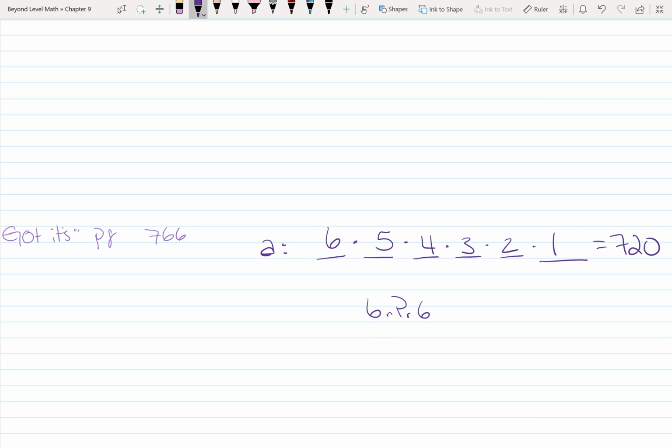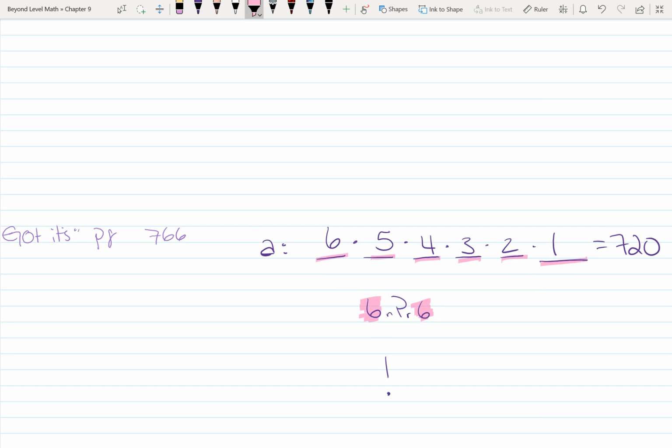Here's where I want to show you the factorial button. That factorial button is the exclamation point. You don't necessarily need to use this for anything, but you can because it means the exact same thing. When you have the same numbers on either side of the nPr button, that means 6 total and 6 choices, which always means it's going to be 6, 5, 4, 3, 2, all the way to 1.